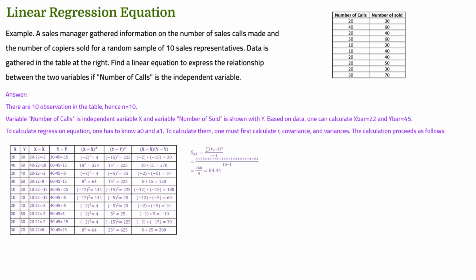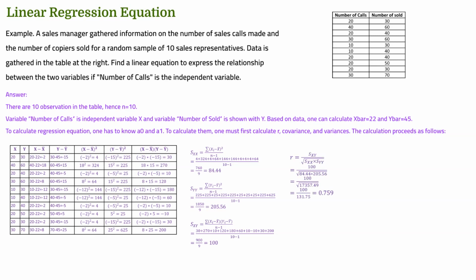SXX is the summation of the column x minus x bar squared divided by 10 minus 1, which is 84.44. SYY is the variance of y. The column y minus y bar squared is used. 205.56. SXY covariance is the summation of last column divided by n minus 1, which is 100.